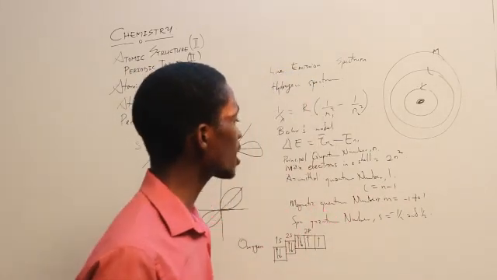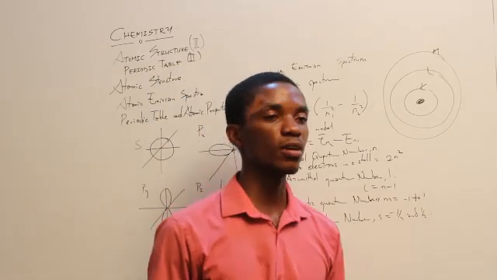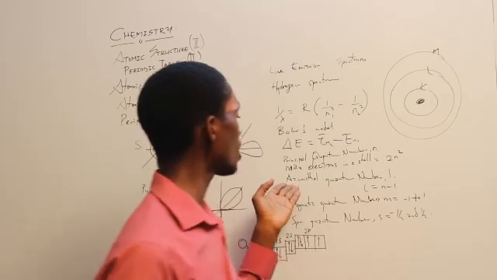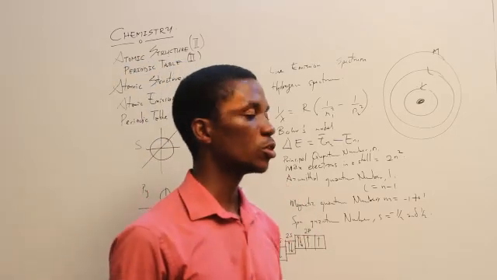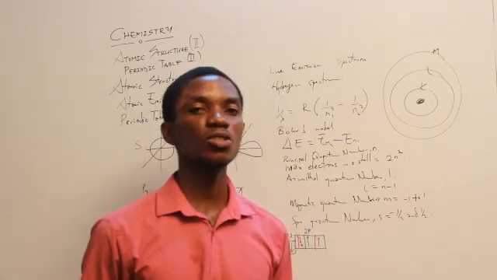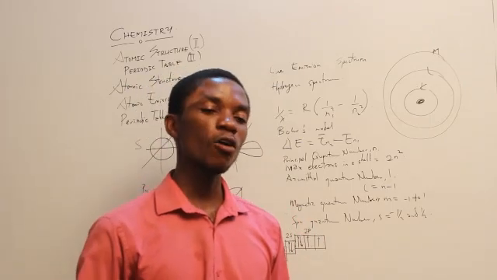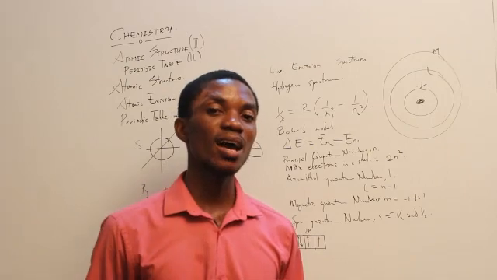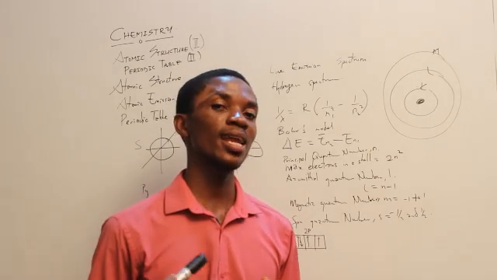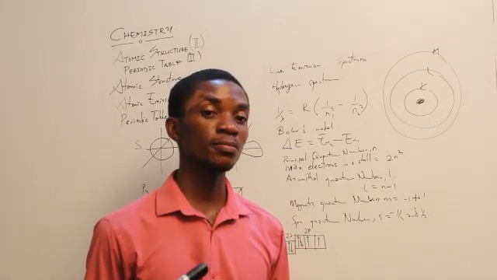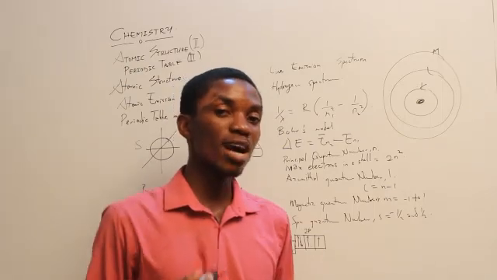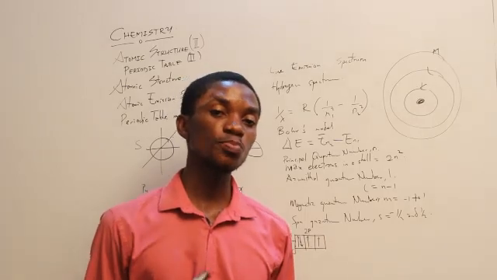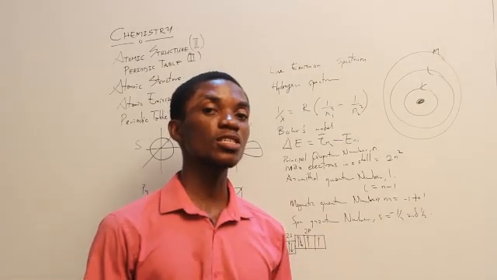That also makes us think about the next quantum number, and that's where we consider the azimuthal quantum number. The azimuthal quantum number describes the angle about the axis at which the electron is spinning, the angle at which it is moving.